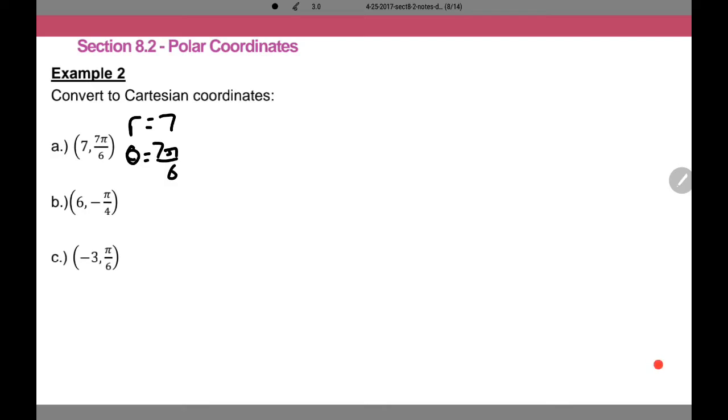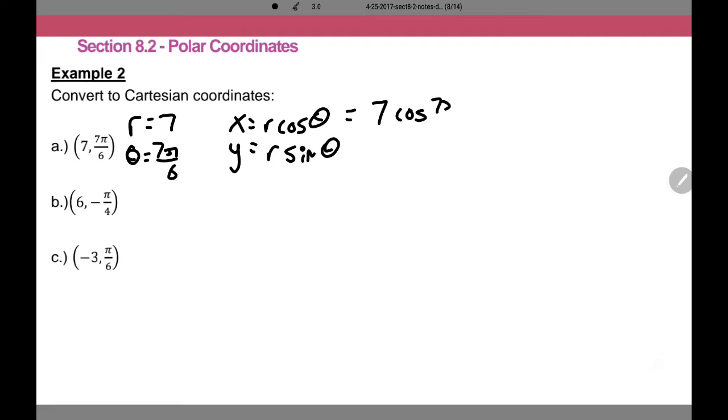We can go ahead and get our equation set up. So x is equal to r cosine theta, and y is equal to r sine theta. We just plug these in, so we get 7 cosine 7 pi over 6 and 7 sine 7 pi over 6.